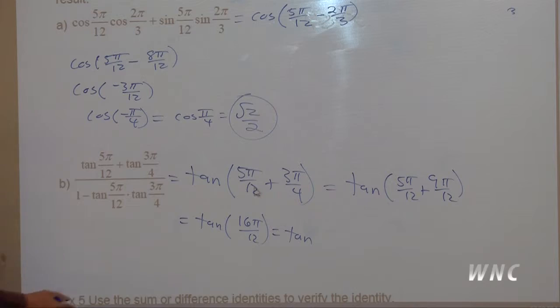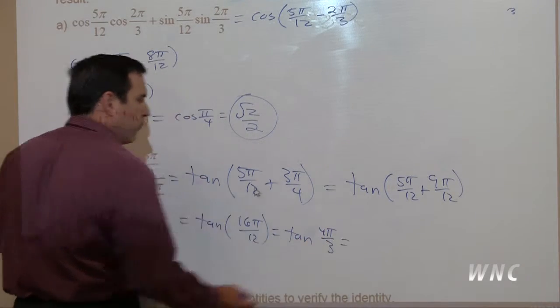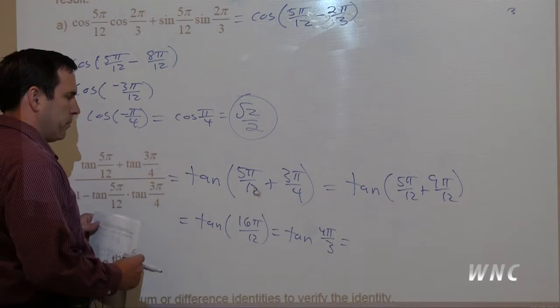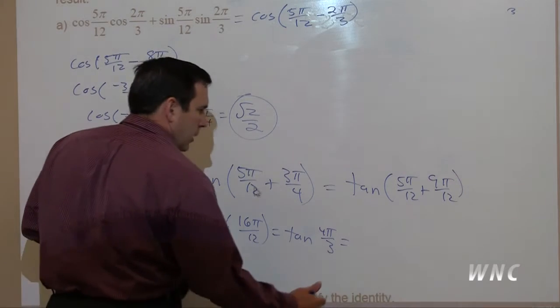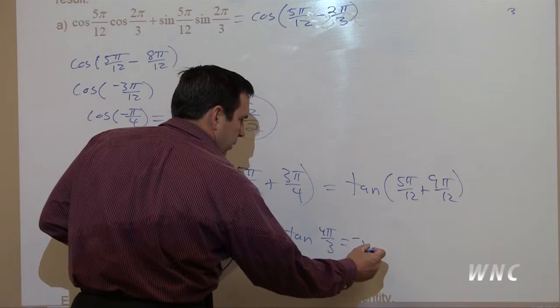We could divide a 4 out, 4 pi over 3. And tangent of 4 pi over 3, what's that going to be? Isn't that going to be just a negative square root of 3?